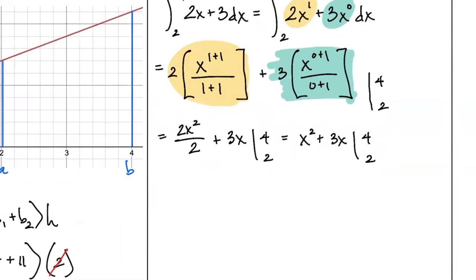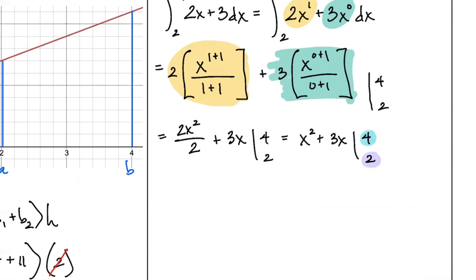One thing that someone said earlier is that we plug in the top number first, and that is incredibly important. So we plug in the 4 first, and after we're done plugging in the 4, we plug in the 2.